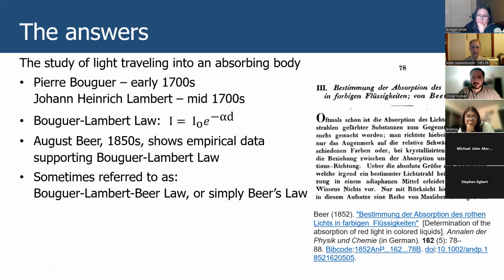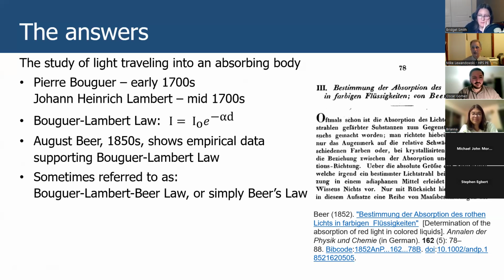And this is something that chemists use now in spectroscopy. So the theory shows up 150 years before Rankine, and Beer's law shows up 50 years before Rankine.